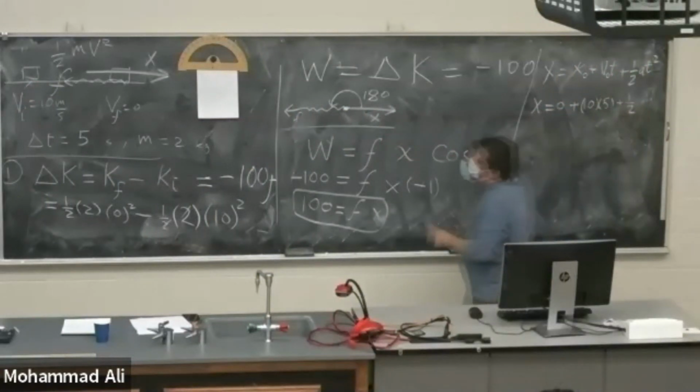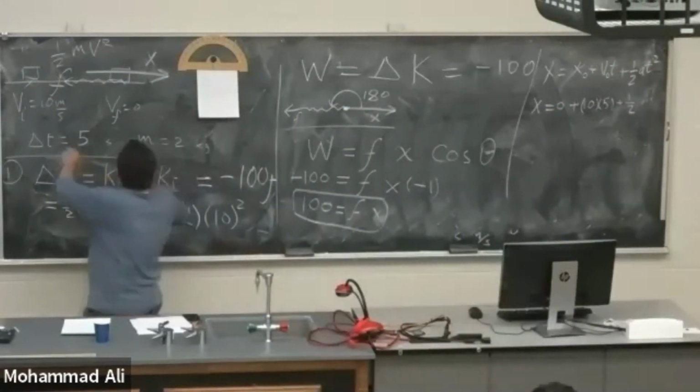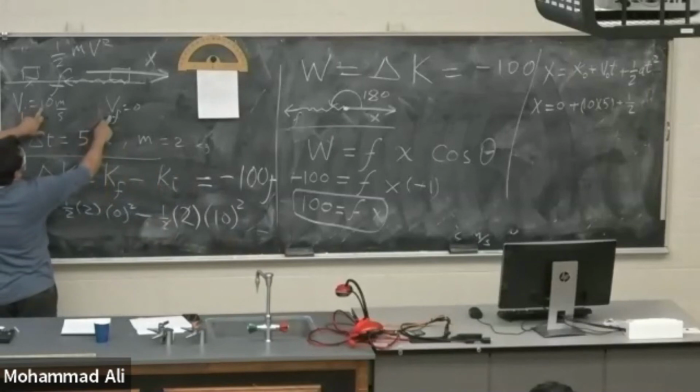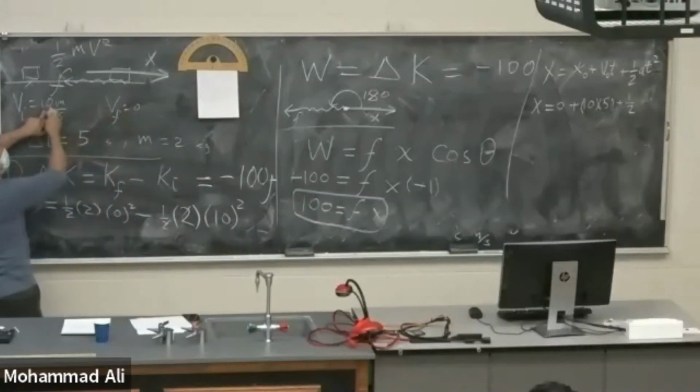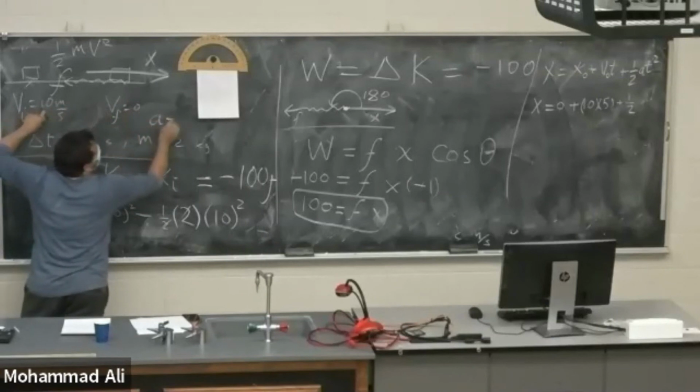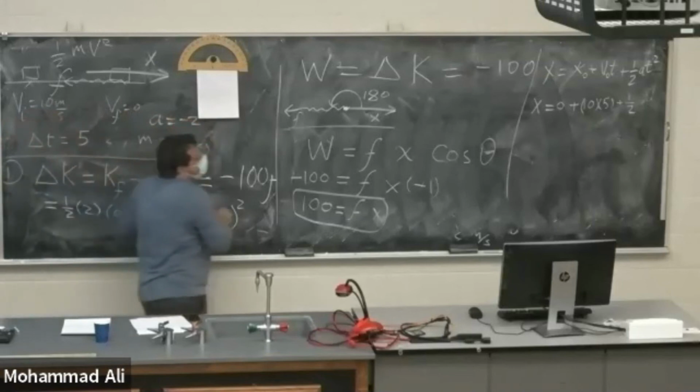How much is the acceleration? The acceleration is delta v over delta t. Delta v is 0 minus 10, negative 10, over 5. The acceleration is negative 2 meters per second squared.